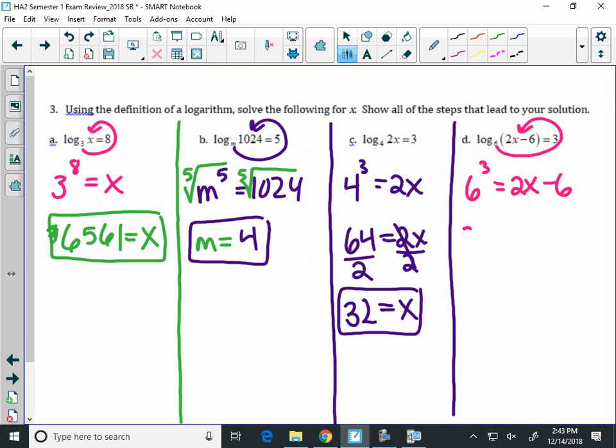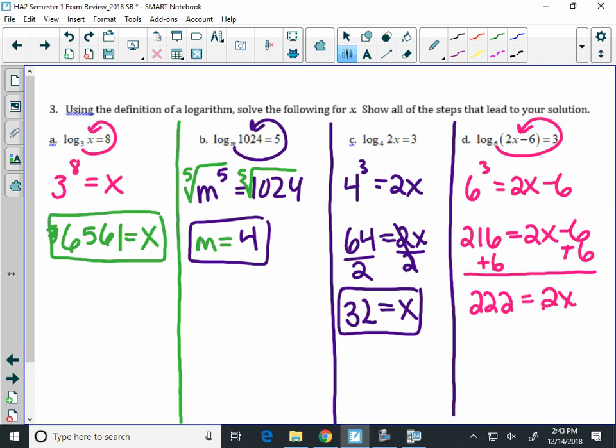Well, 6 to the 3rd is 216. And we're going to solve for x. So we'll start by adding 6 to both sides, which is 222 equals 2x. And when I divide by 2, I get 111 equals x.